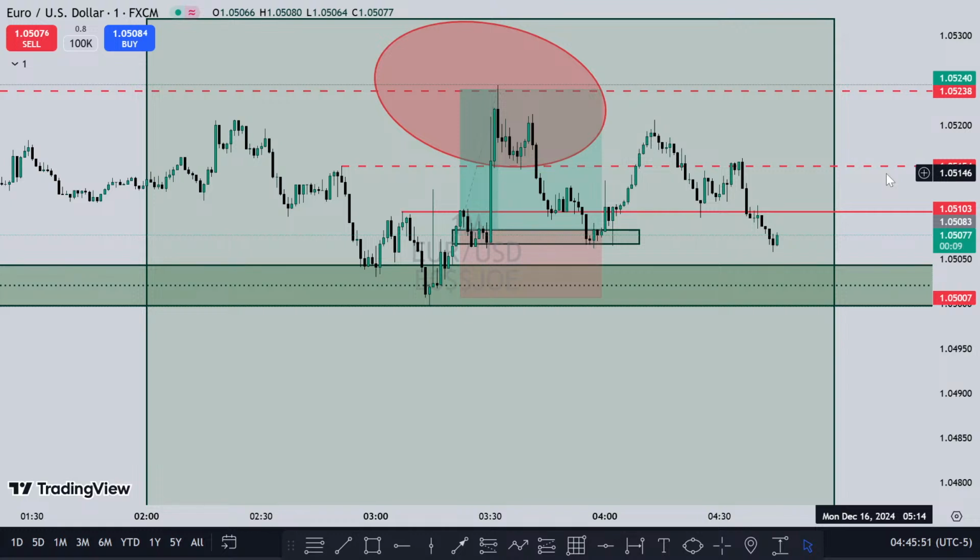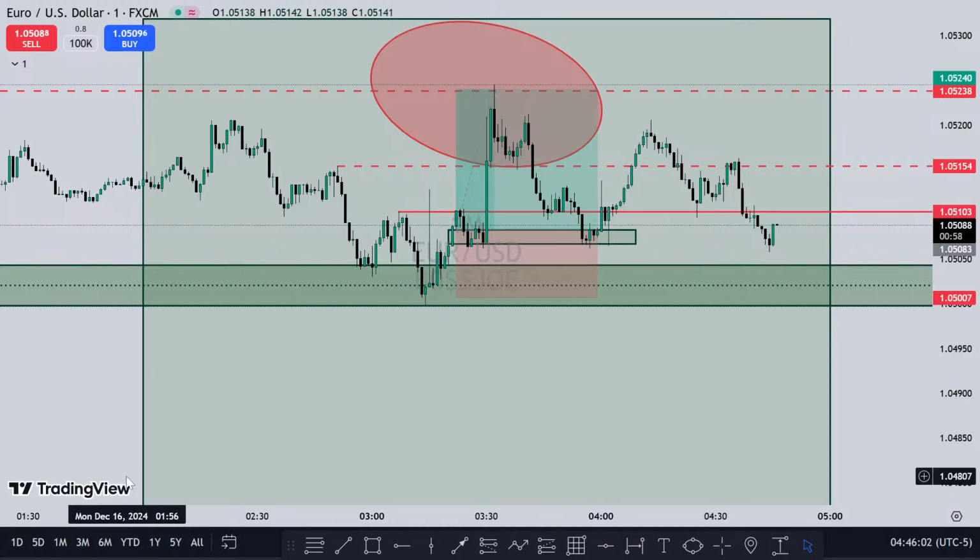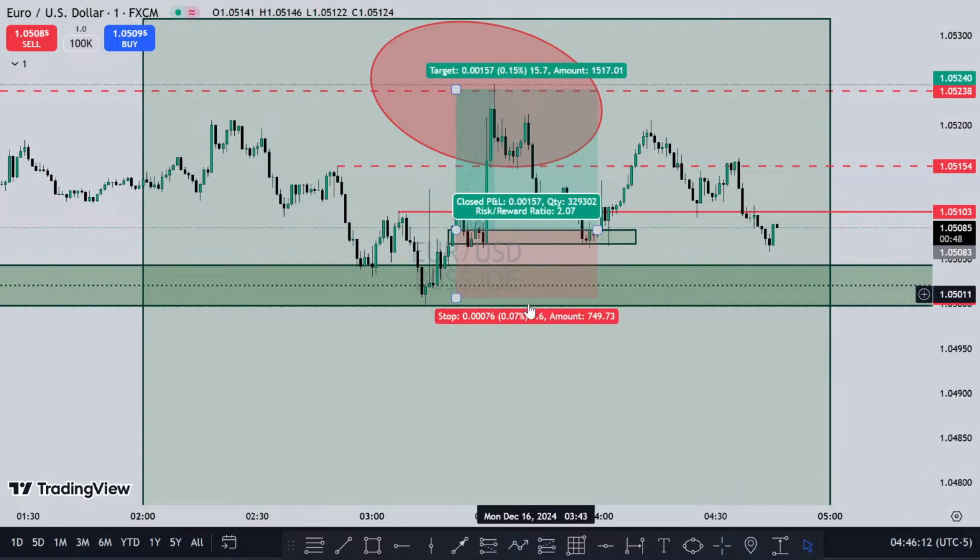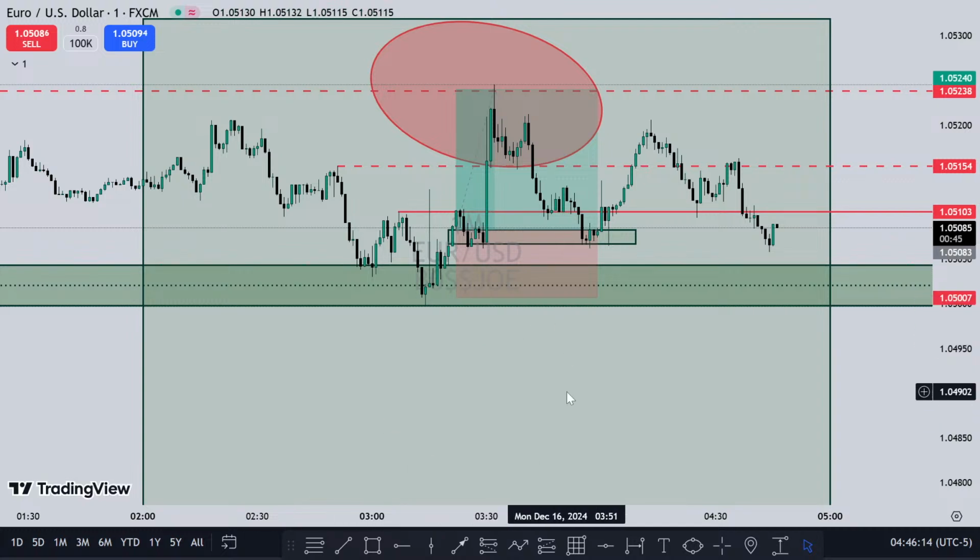So guys, if only you can do this, just follow this simple strategy. Once you're in the marketplace, call it your London session, which is 2 o'clock AM to 5 AM New York time. You come over here, then you look for a fair value gap in the 1 hour, probably the 30 minutes.